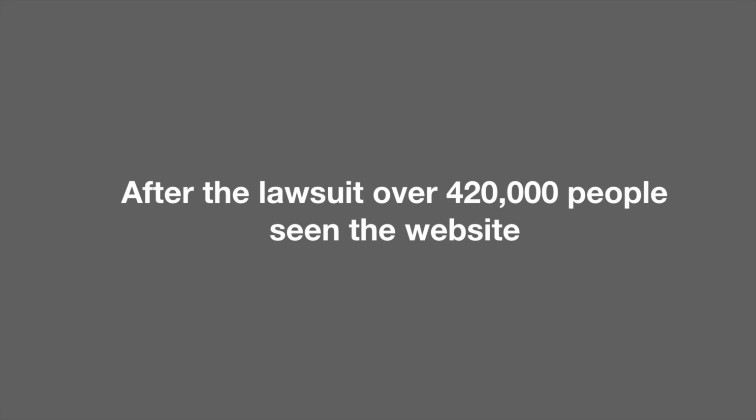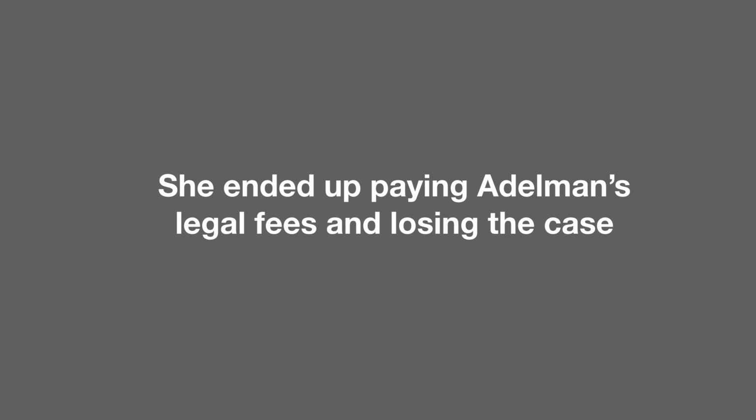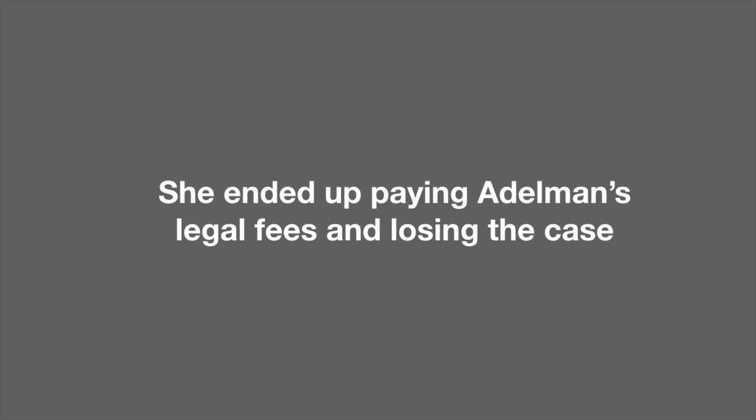As the lawsuit progressed, more than 420,000 people visited the site afterward. The lawsuit was dismissed and she lost the case and was ordered to pay the defendant's legal fees, which amounted to $155,567, which failed to do the very thing that the lawsuit was intended to do.